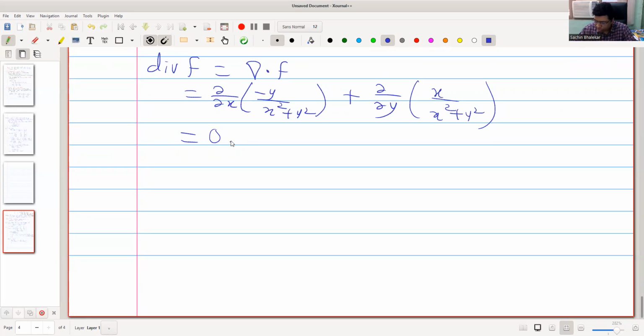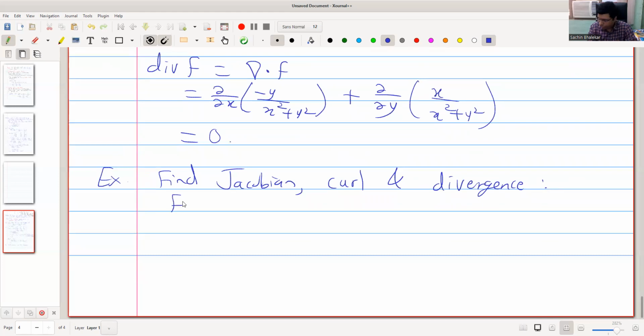Let us solve an example. Find Jacobian, curl and divergence.